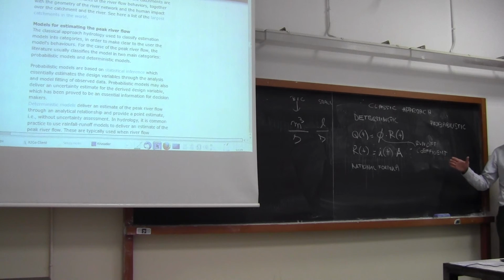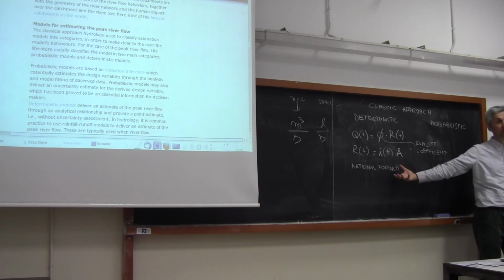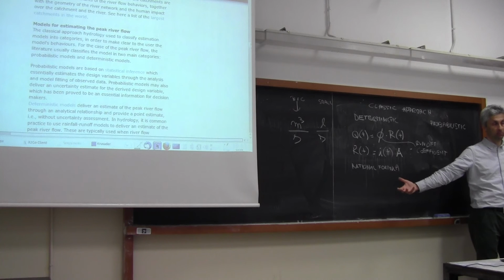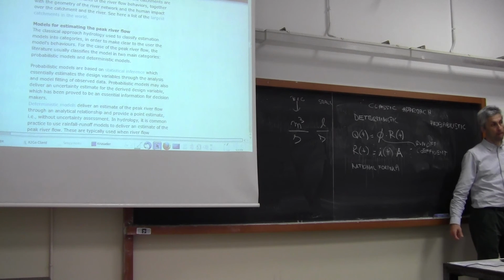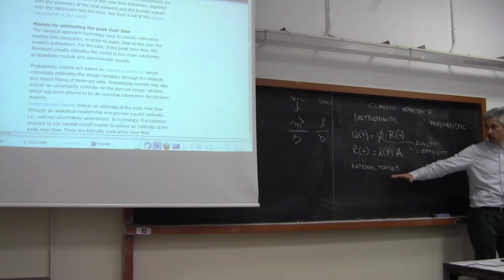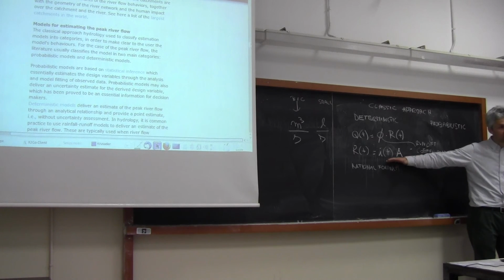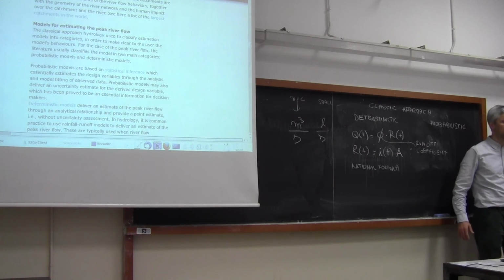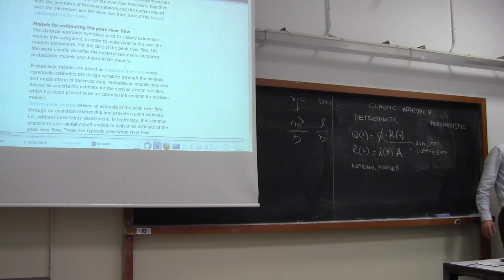So basically, this model is very rational because the assumptions are reasonable. This model, once that you fix rainfall, gives to you a fixed value of runoff, of river flow.